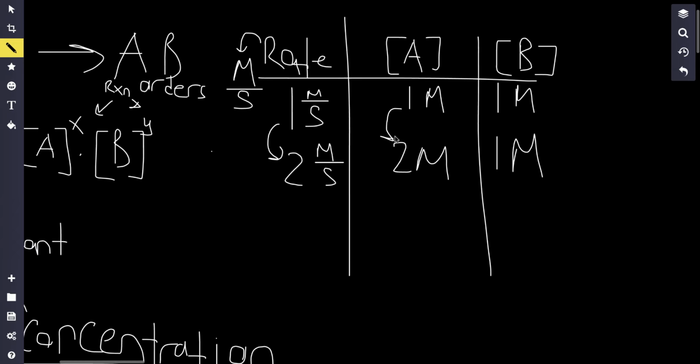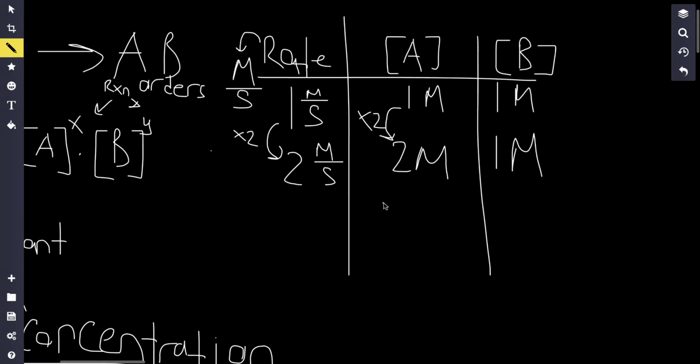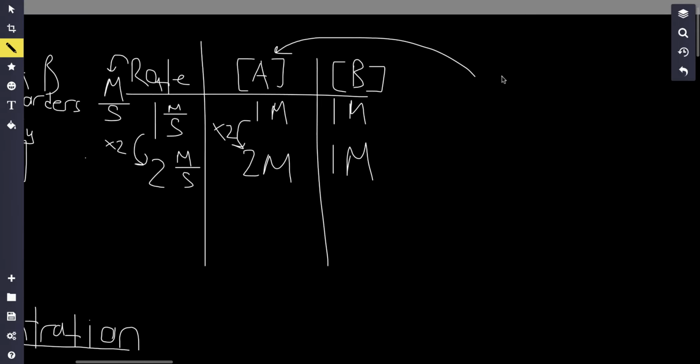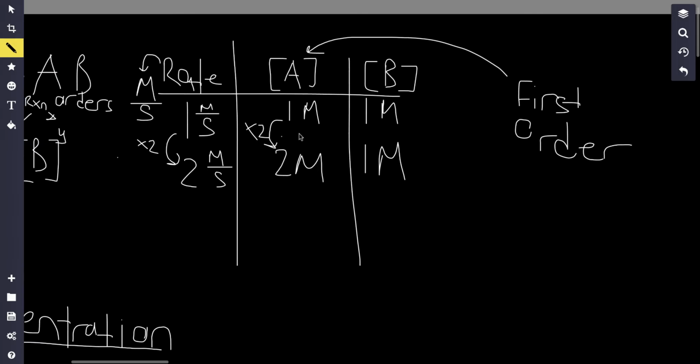Notice how a 2 times increase in my concentration leads to a 2 times increase in my rate of reaction. And when that happens, the reaction with respect to A, so if we're just talking about the concentration of A, they call this first order. All right, so with respect to A, we say that this is a first order reaction.